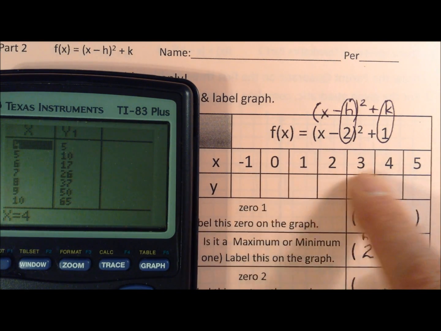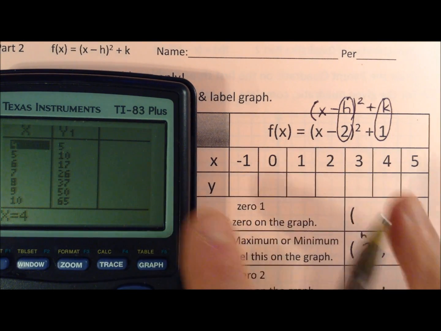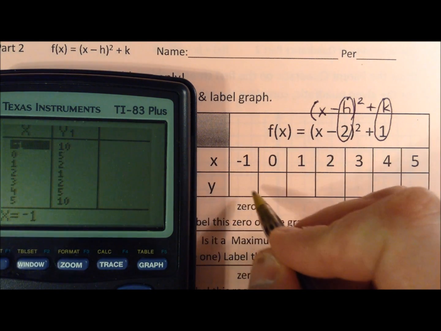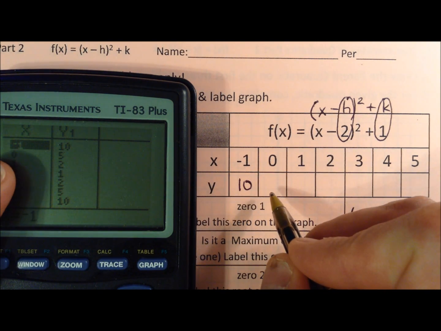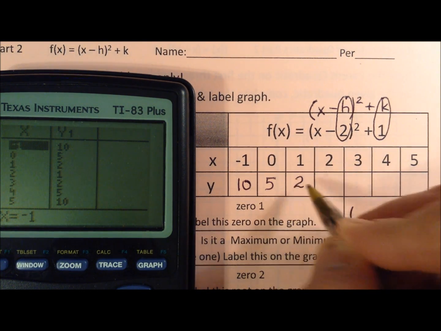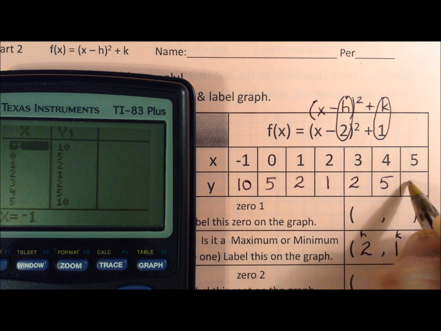Now you notice that I don't have the same type of symmetry, but you'll see. Alright, let's see, a -1 input gives me an output of 10. An input of 0 gives me an output of 5, and so on and so forth. 2, 1, 2, 5, 10.